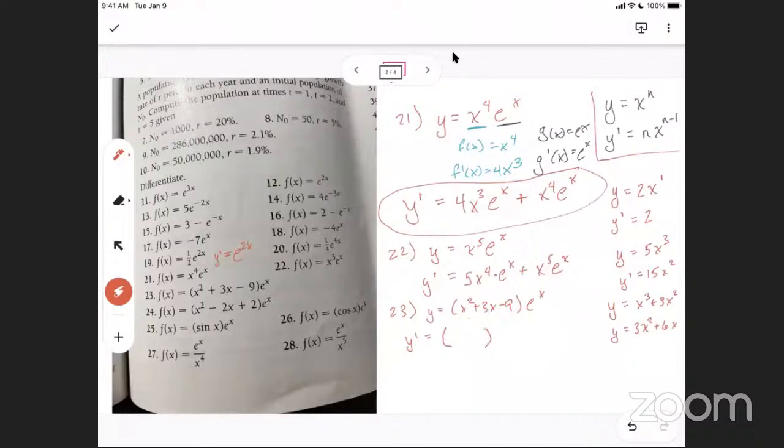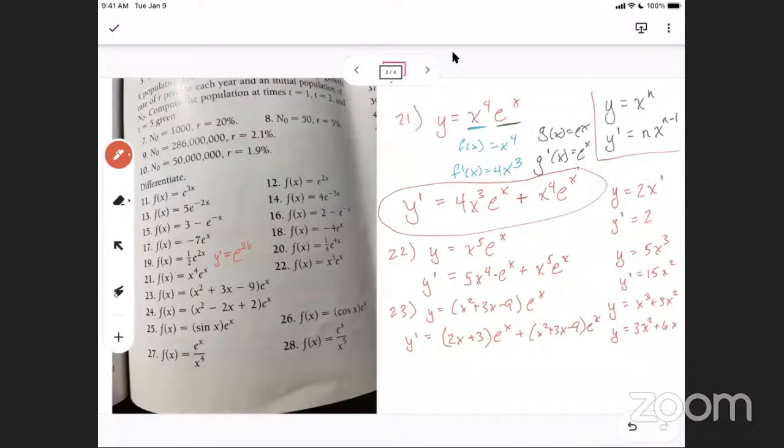Is it 2x plus 3? 2x plus 3. Good job. Yeah, the 9 cancels out. And then times the e to the x, plus the x squared plus 3x minus 9, and then e to the x. Good.